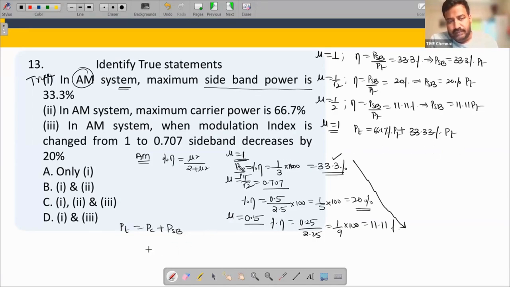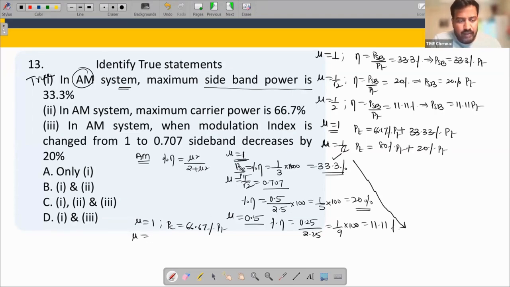So from this, we got when mu is equal to 1, carrier power is 66.67% of total power. When mu is 1 by root 2, sideband power is 20% of total power. So this will become 80% of total power.